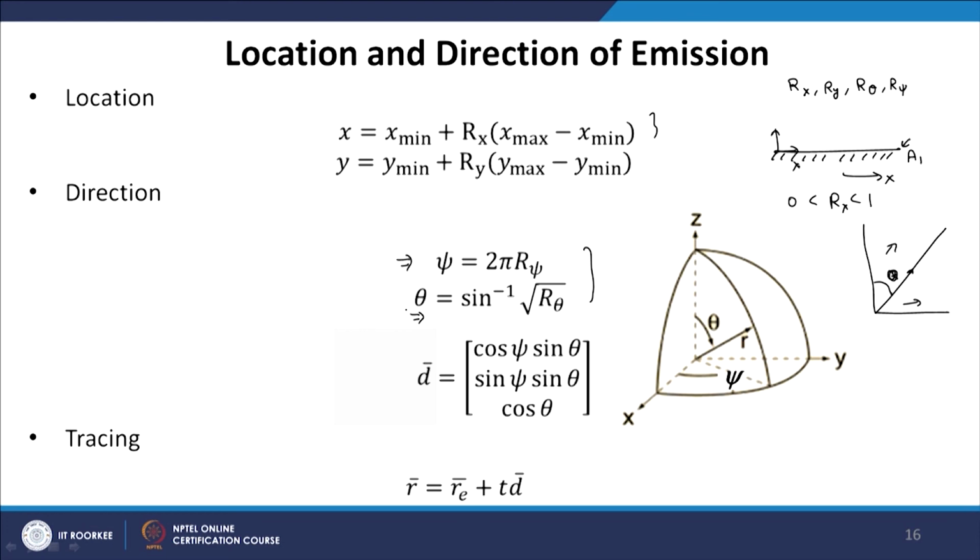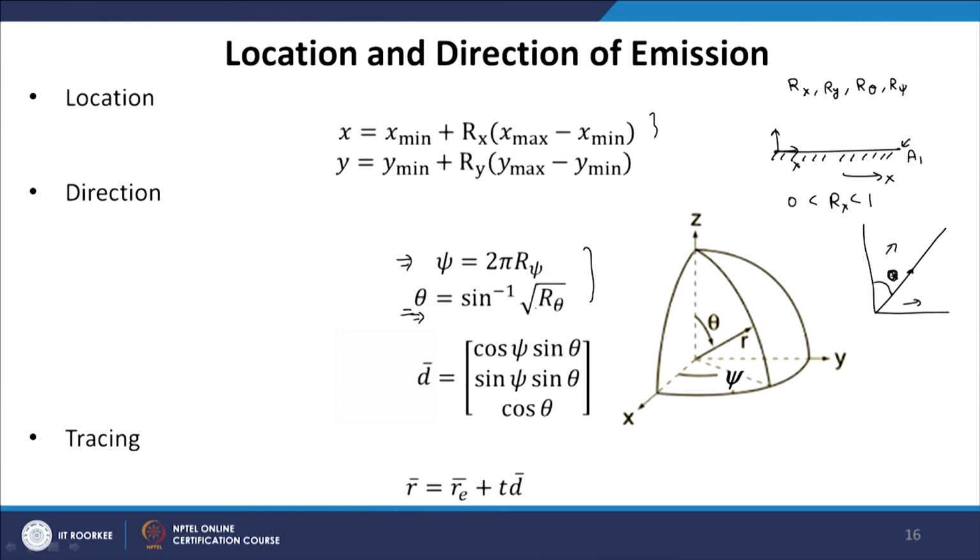So, the polar angle is not uniformly distributed. Photons are not emitted uniformly over the polar angle. You should keep this in mind because of the effect of solid angle in spherical coordinates. They follow basically a sine distribution.